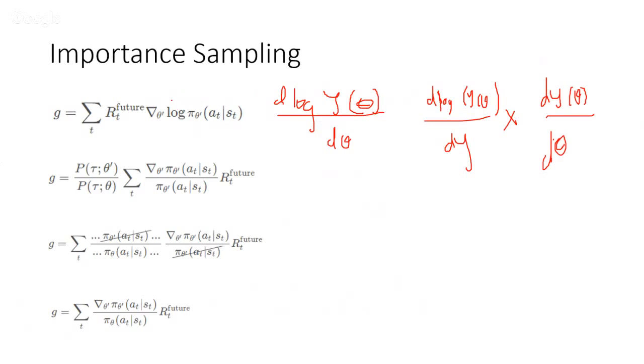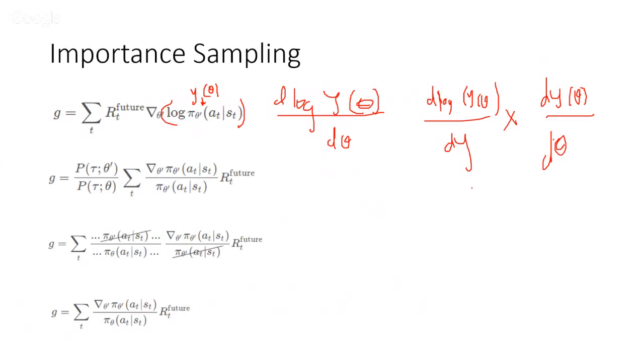We are considering this as log of y of theta. We are calling this small function inside y of theta, right? And we are taking its derivative with respect to theta. So first d of this with respect to dy, and then dy by d theta.